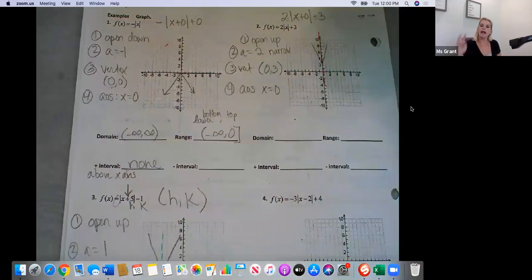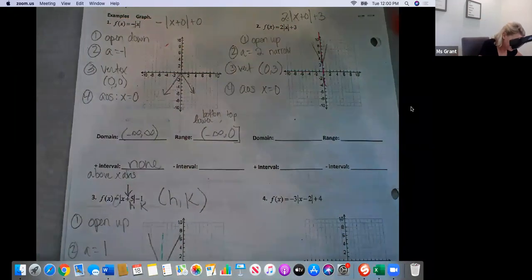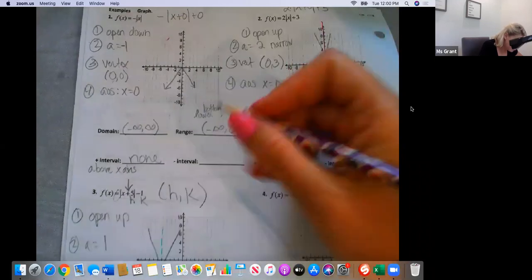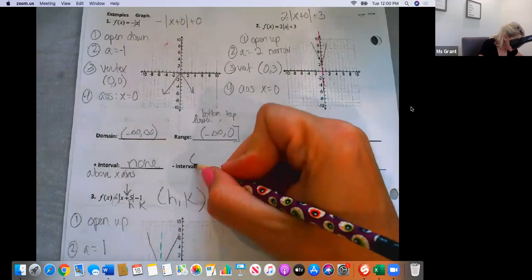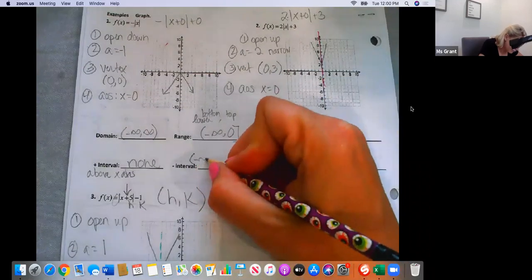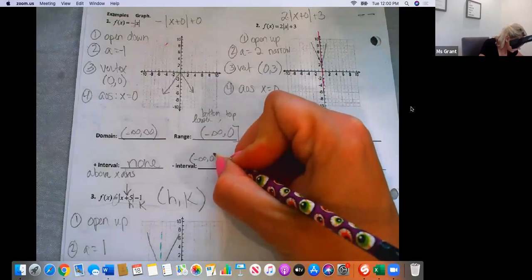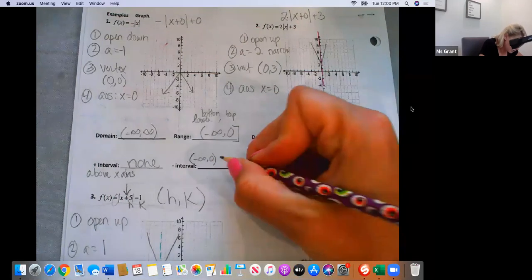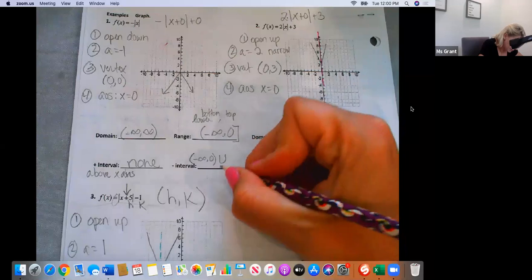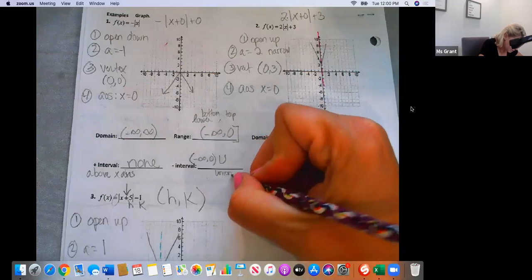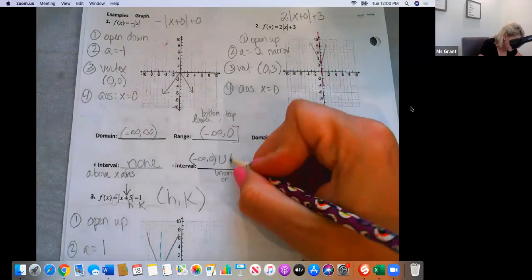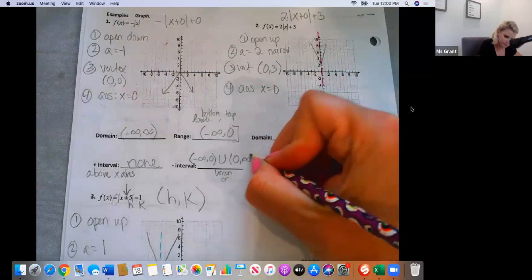But the negative interval has 2 parts. Remember, one line and another line? Here we go. Watch carefully, and write small. -infinity to 0, union, remember, union also means or, 0 to infinity.